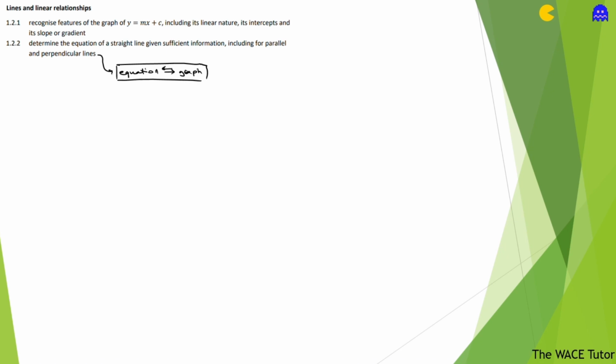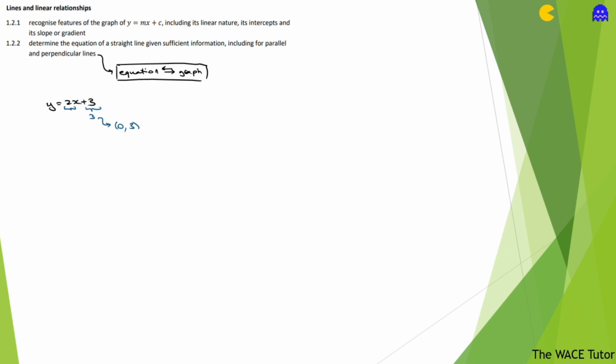Okay, so let's say we have a line y equals 2x plus 3. What we know about this equation is that it has a gradient 2 and it has a y-intercept 3. So it's going to pass through the point 0, 3. And for each 1 unit x increase, we're going to have a y increase of 2. So we know that we pass through 0, 3.